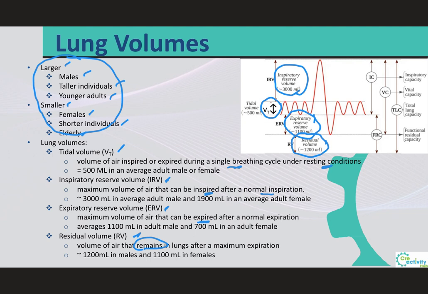And this air remains in the lungs because the subatmospheric intrapleural pressure keeps the alveoli slightly inflated. And some air also remains in the non-collapsible airways. And because it does not leave the lungs, then the residual volume and any lung capacity that included the residual volume cannot be measured with a spirometer.